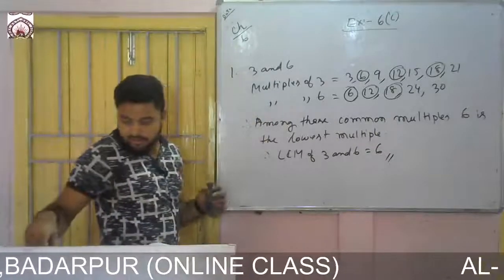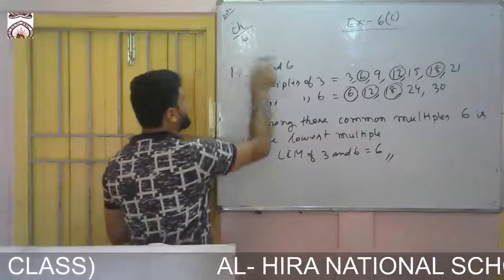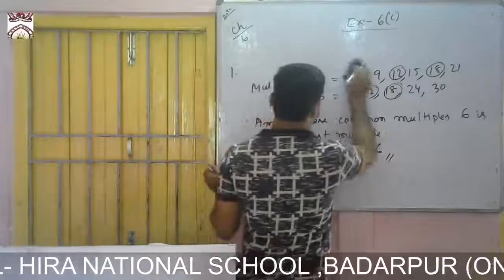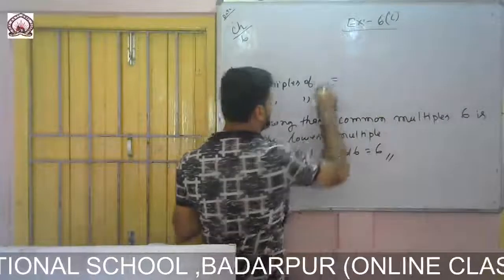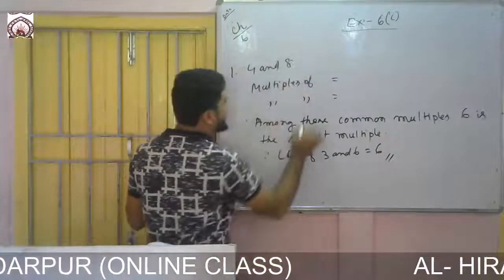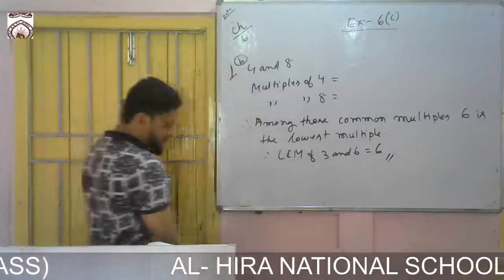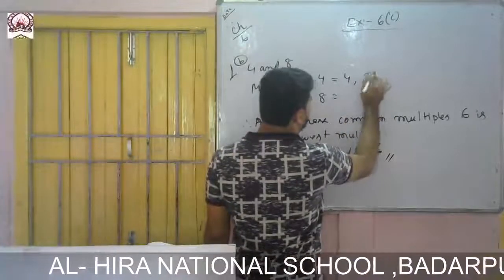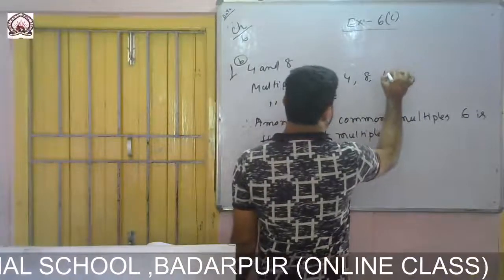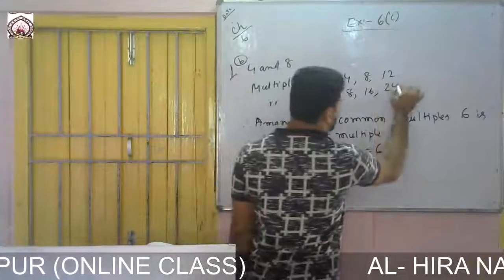This was 1A, now we will be solving B. So B is 4 and 8. 4 1 are 4, 4 2 are 8, 4 3 are 12, and here 8 1 are 8, 8 2 are 16, 8 3 are 24.